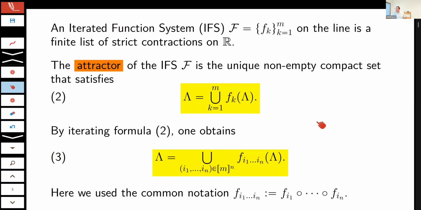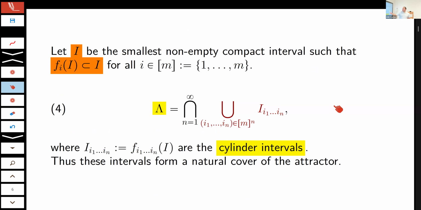It's a non-empty compact set, and by iterating this formula, one obtains this more general form of the same equality. Now, for us, this form is much more important, seeing that the attractor is equal to the union of copies of itself on the images of iterated functions, because I will use those images as a cover of the attractor. We can do that.